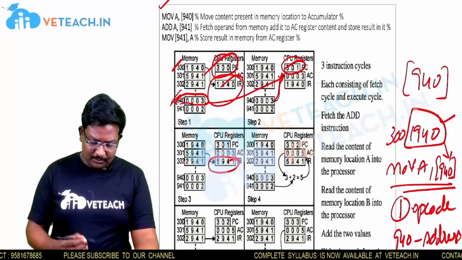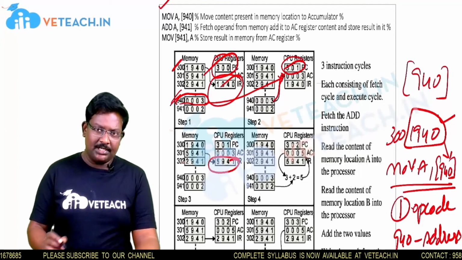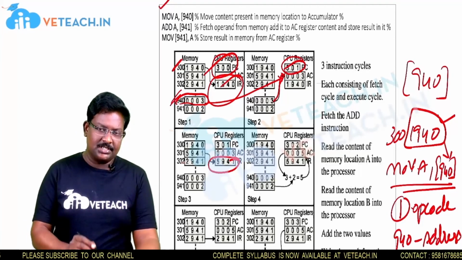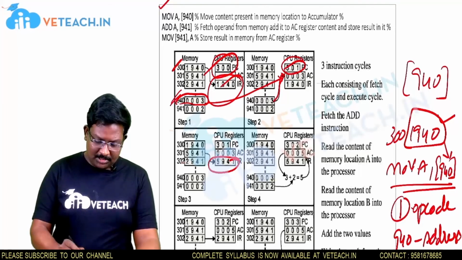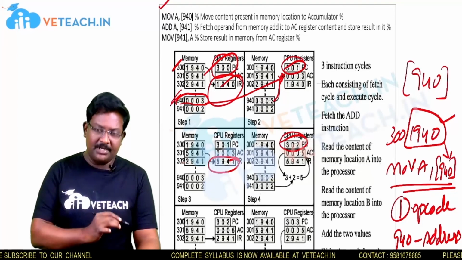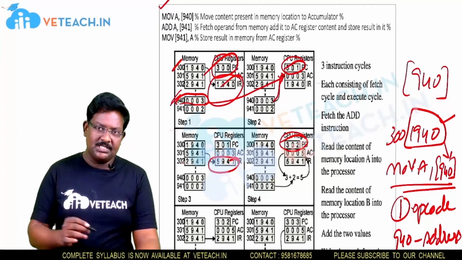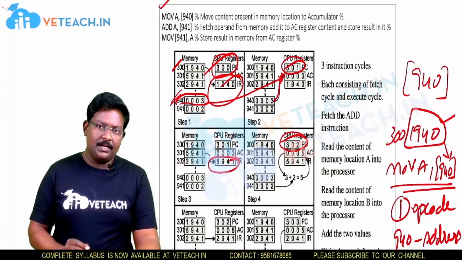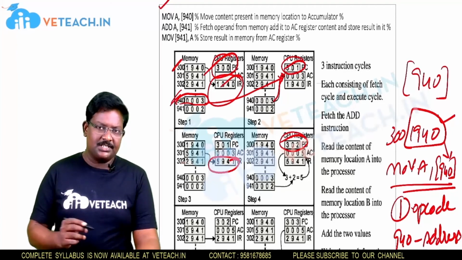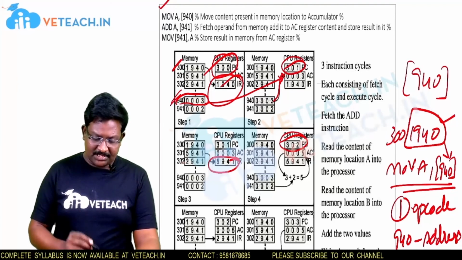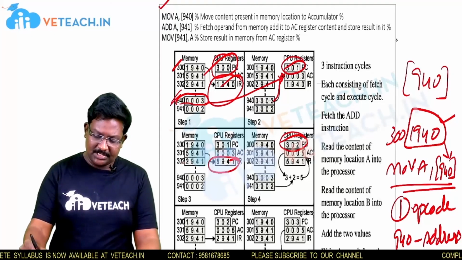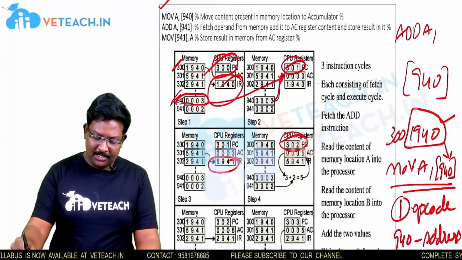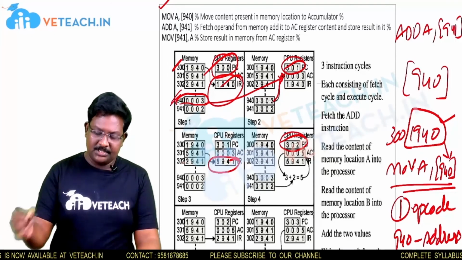So see in the fourth step we can clearly observe the content of PC. While the second instruction is being placed in IR, the PC content is again incremented by 1. So the PC content now is 302 and we are going to execute the second instruction now. The second instruction is ADD A comma, within square brackets, 941.